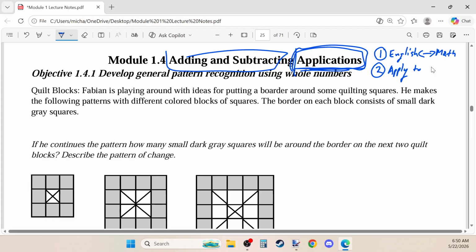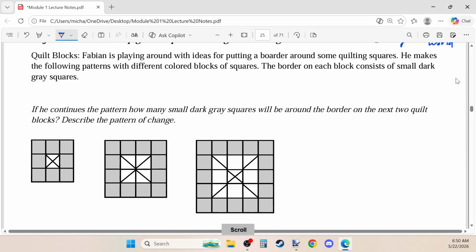Being able to say, okay, what math do I need to use to solve this problem? Real world is, I think, not the best way to describe what we're saying, but I think that's the common way to word it.